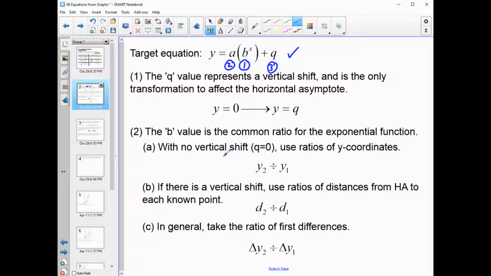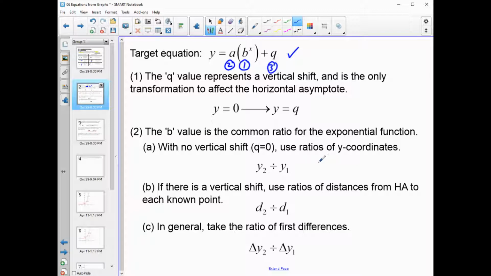The b value, the common ratio, is probably the most complicated thing to discover. Now, there are going to be a lot of situations where the b value is completely easy and straightforward to discover, so I don't want to make it sound worse than it is. In the situation where you can see the horizontal asymptote, if the horizontal asymptote has not moved, in other words, if your q value is 0, then you just take the ratios of the successive y coordinates.